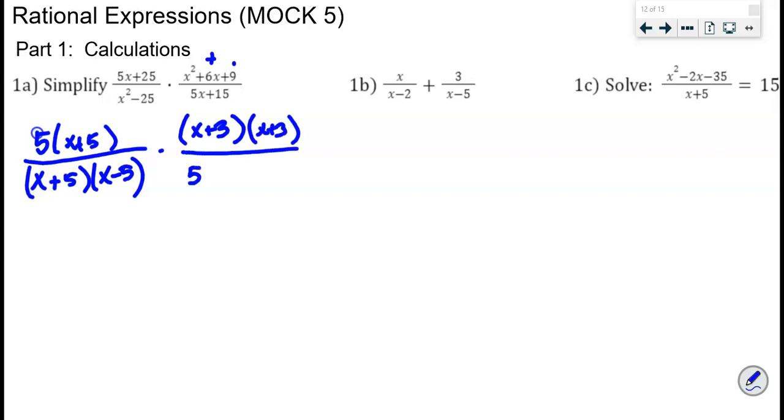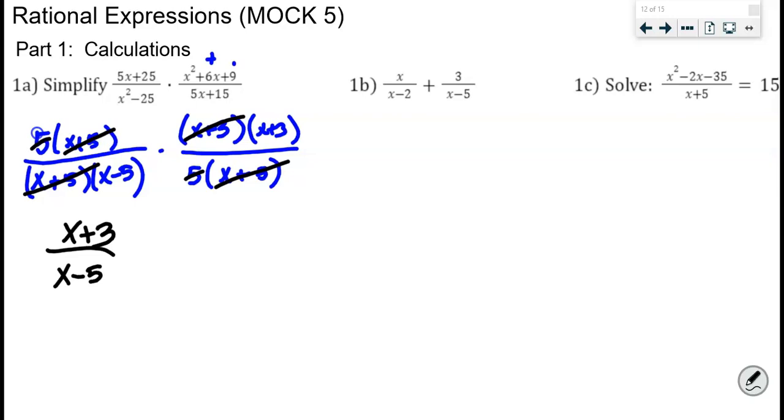And then this is going to be 5 times, we're factoring that again, that's going to be x plus 3, right? So now we just mark through the common factors. So I got a 5 and a 5, I got an x plus 5 and an x plus 5, and x plus 3 and x plus 3. So what am I left with? I got x plus 3 over x minus 5, okay?